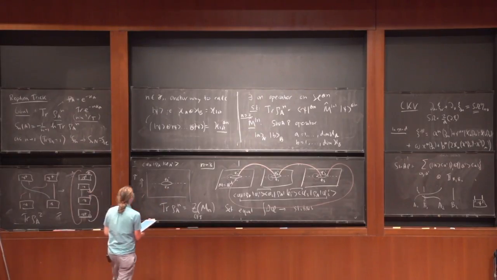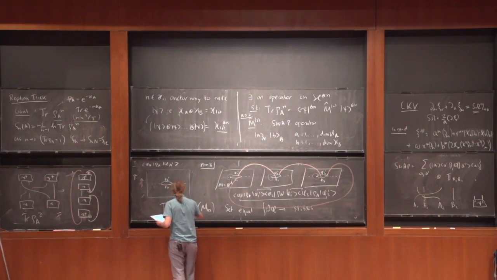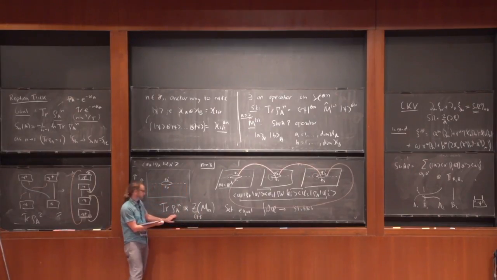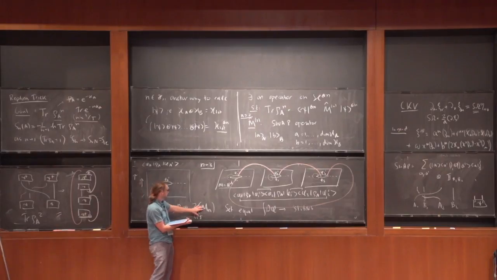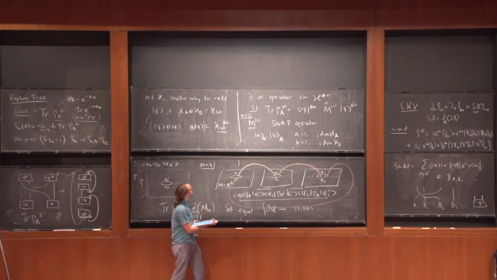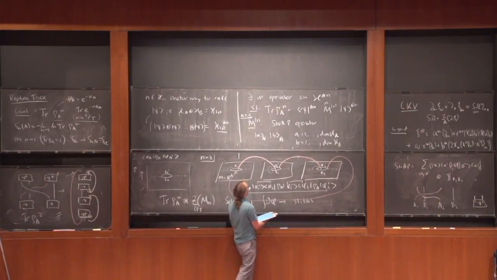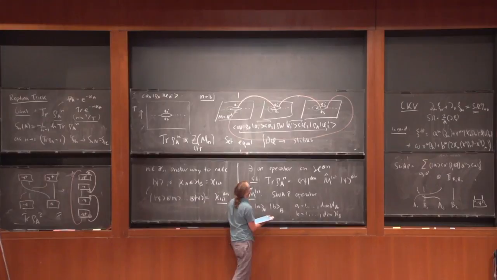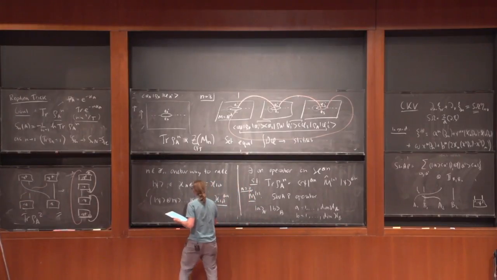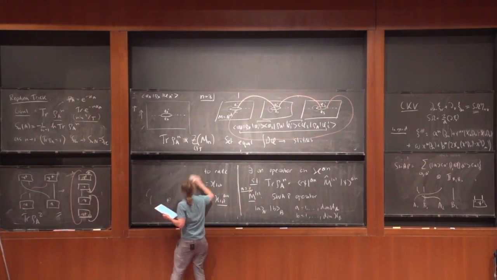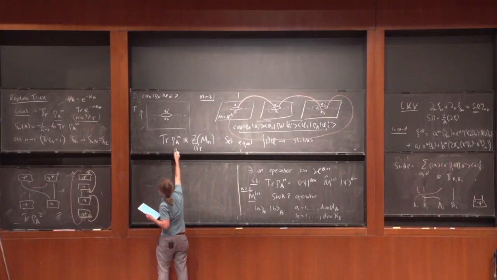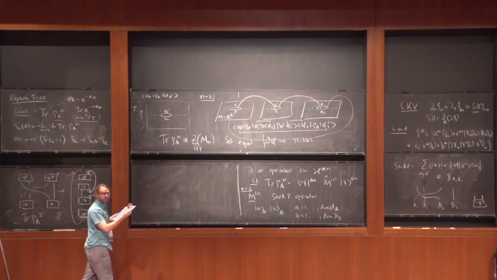Okay, so this is not quite right. This is proportional to. It's not right because I still need to normalize these density matrices. Whenever you do these path integrals, there's some normalization factors that you're ignoring. So to normalize, I should divide by, for each of the rho A's, I have to normalize each of the rho A's.